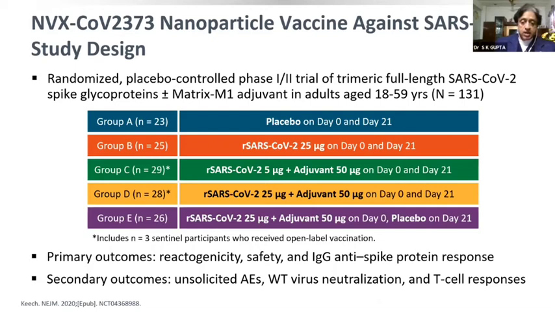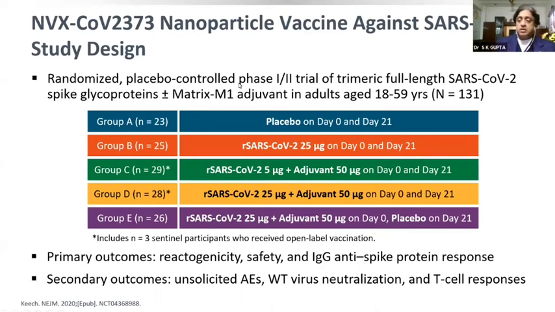A number of doses have been tried for this vaccine. The special thing about it is that the company has been able to add a Matrix M1 adjuvant. As I said earlier, all the protein-based vaccines need an adjuvant to enhance the antibody response, and Matrix M1 is their own patented adjuvant.